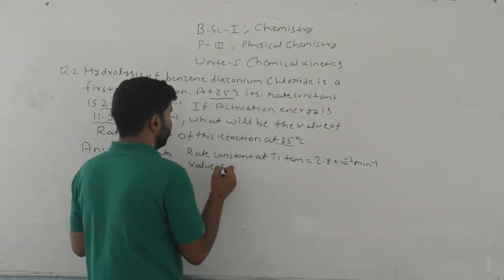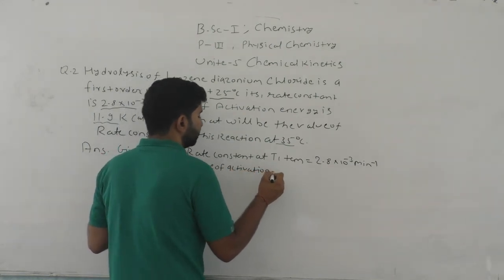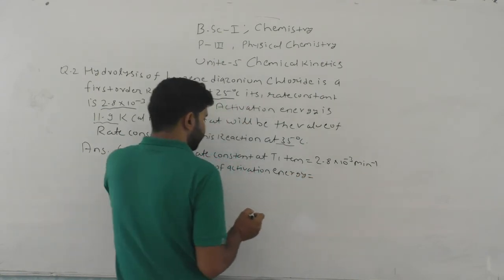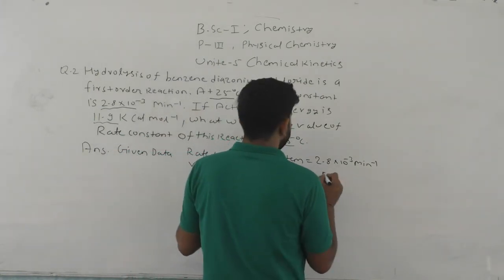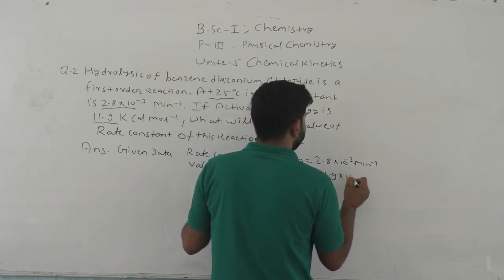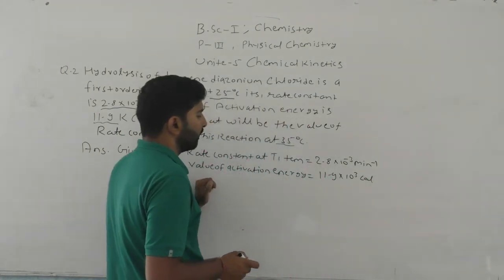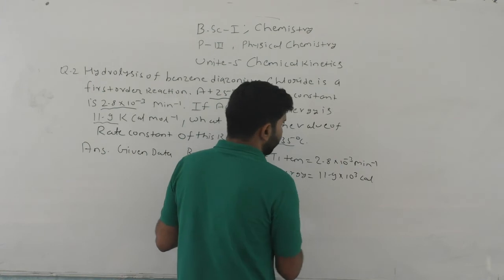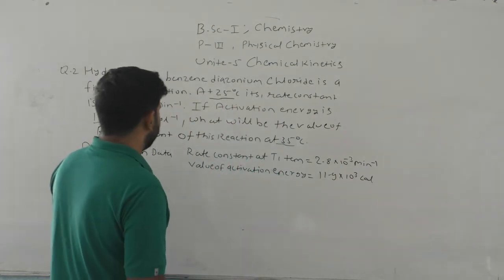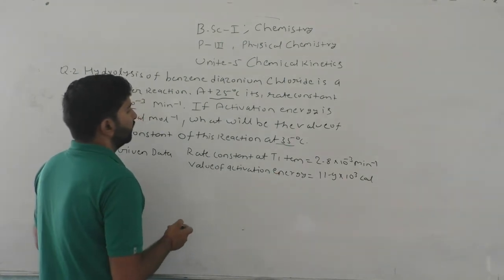Value of activation energy equals 11.9 × 10^3 calorie, or we can also convert these terms into joule. If required, we have to convert this value into joule.